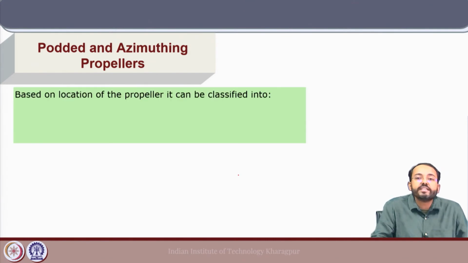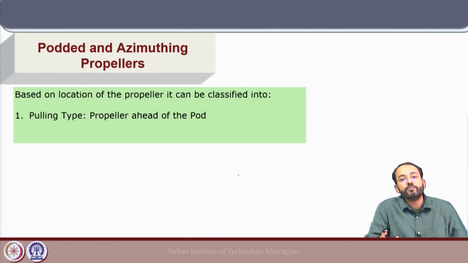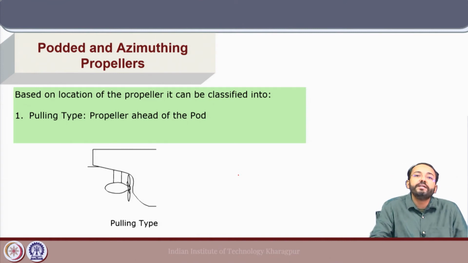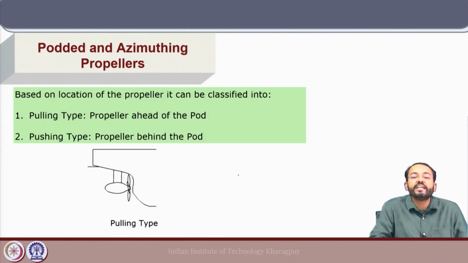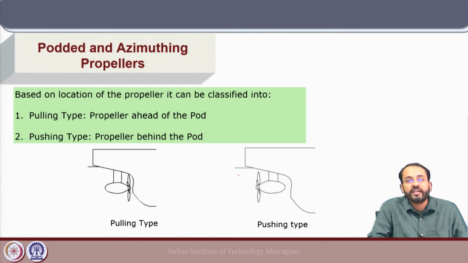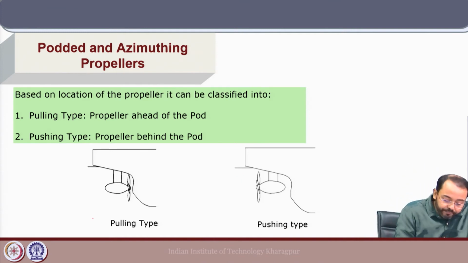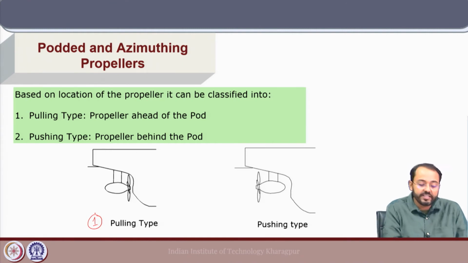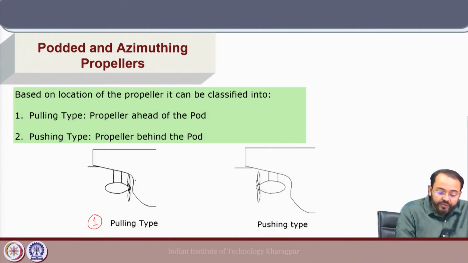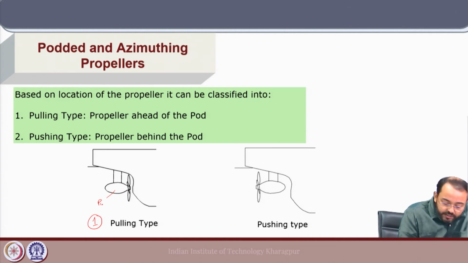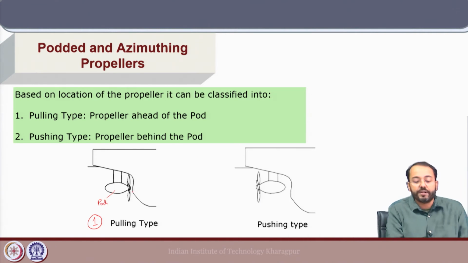Depending on the location of the propeller with respect to the pod, podded propellers can be classified into pulling type and pushing type. Now, for the pulling type podded propeller, which is shown in this figure 1, we have the pod which is behind the propeller.